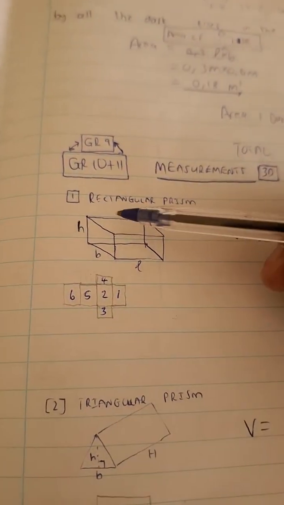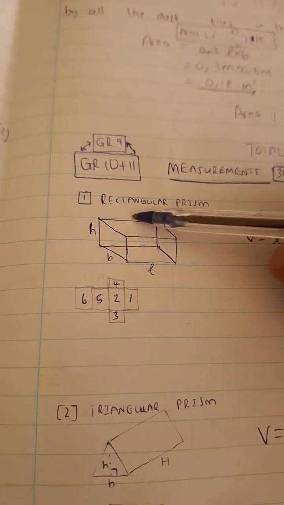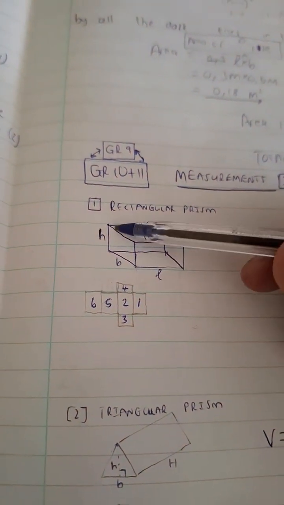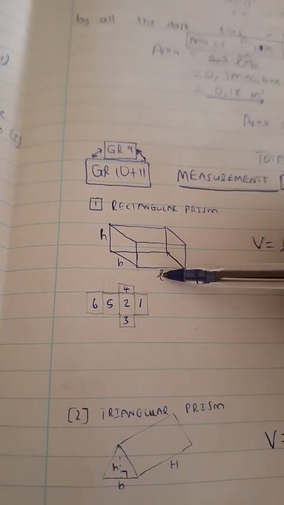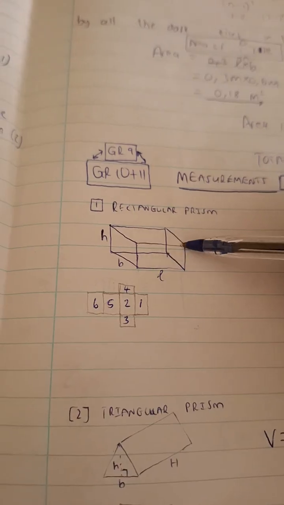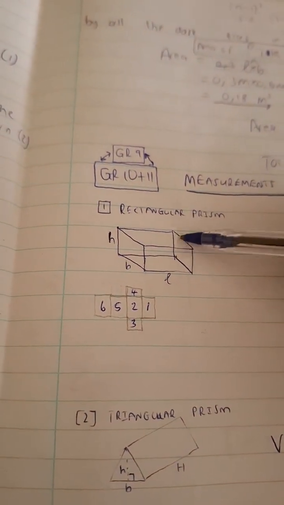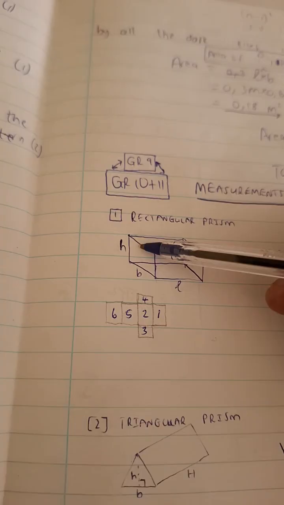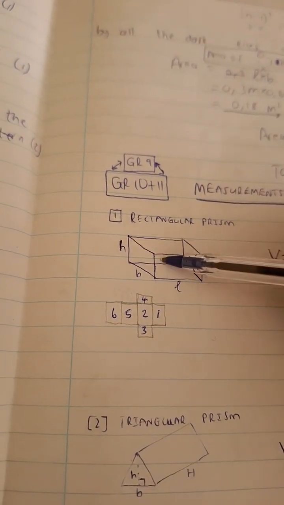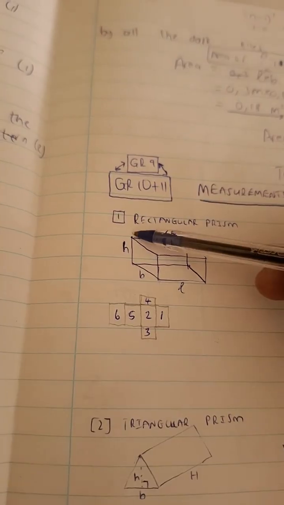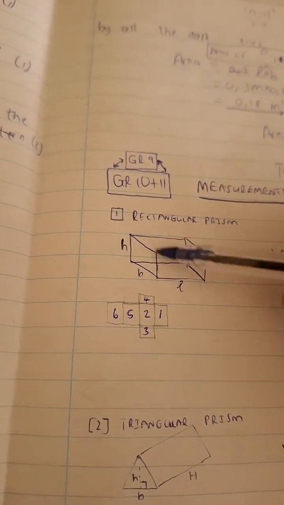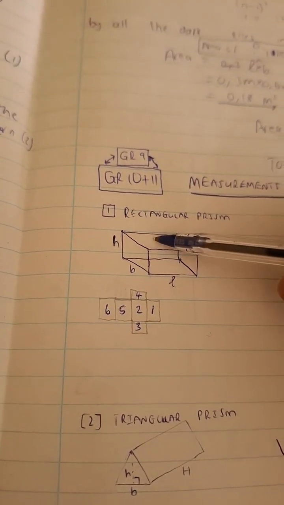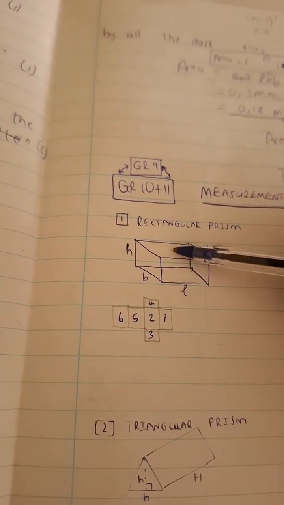So, if we look at the top rectangle, the top one, we have which dimensions making up the top rectangle? You see this L? It's the same as this L. It's the same as that L. So that means L together with this B is the same as this B. L and B together. L and B for the top rectangle. Here at the bottom. L and B. So how many rectangles?